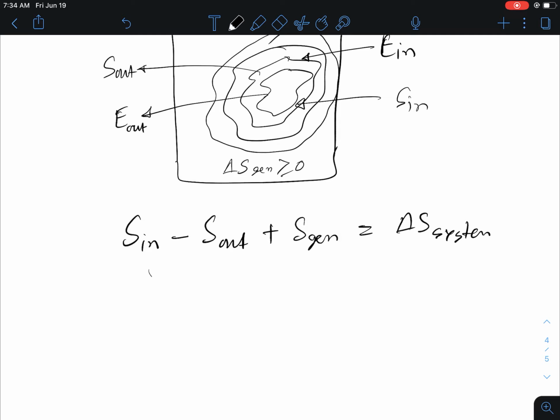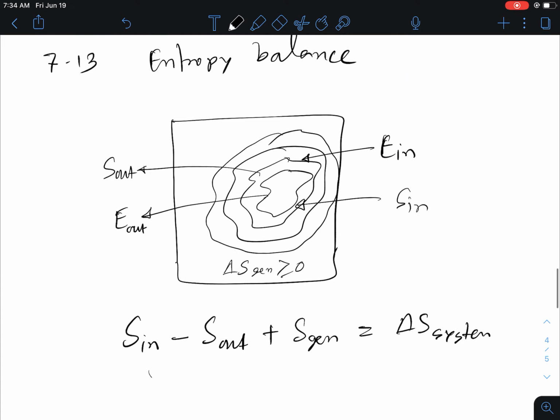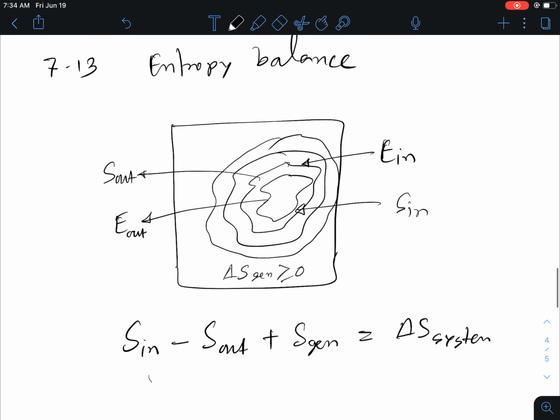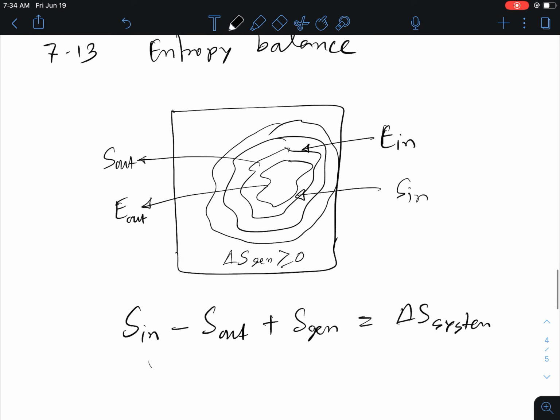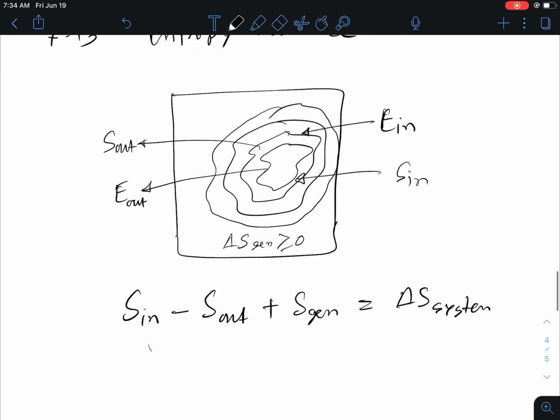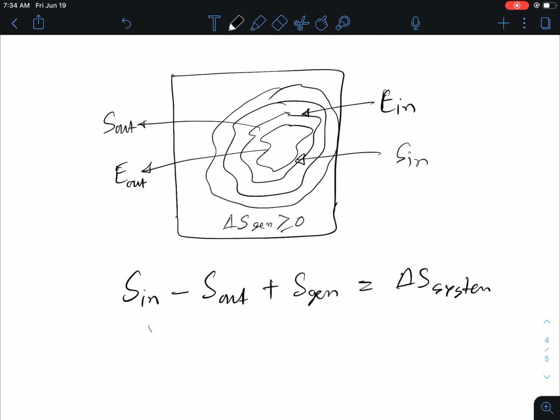We derived this equation before: what the entropy generation is, and if there is heat transfer, what the entropy change is. We talked about all those in the previous topics. So this section 7.13 is a reminder, a combo that discusses everything.